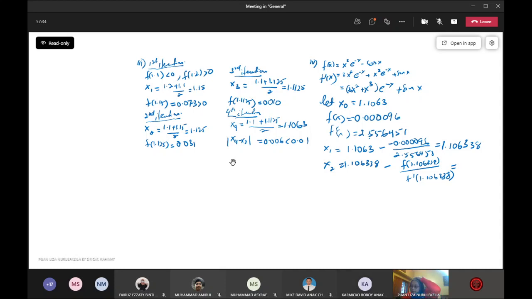Can anybody give the answer for x2? 1.106351. Okay, so 1.106338 minus 1. Okay, it seems we need one more iteration.